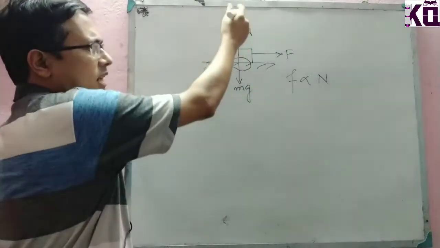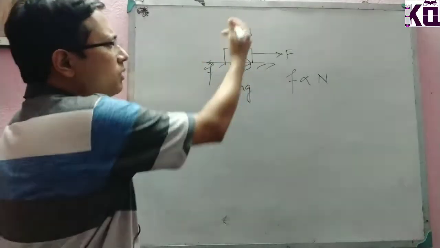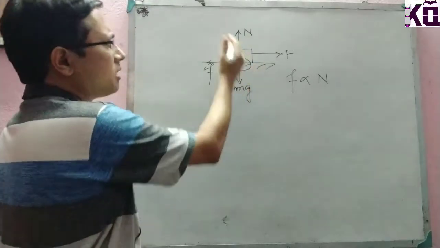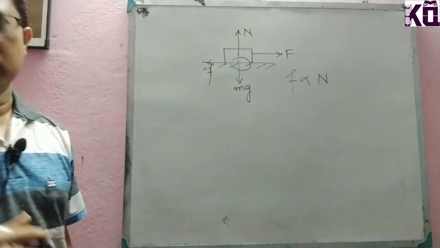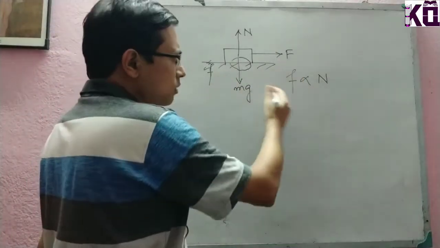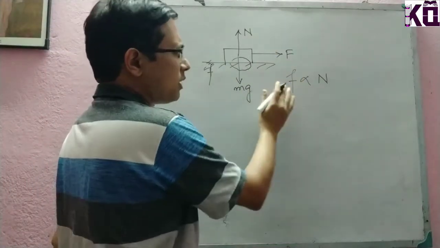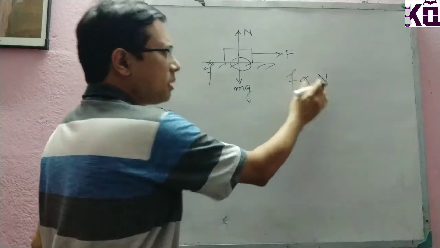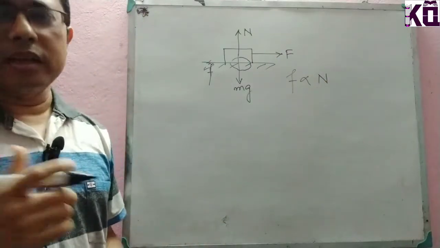These two are action and reaction, and they act on two different bodies, one on the plane and another on the block. The calculation depends on this: the frictional force always depends upon the normal reaction force.